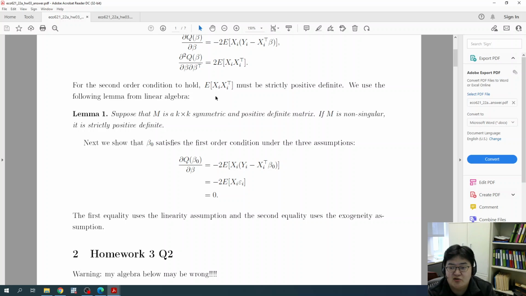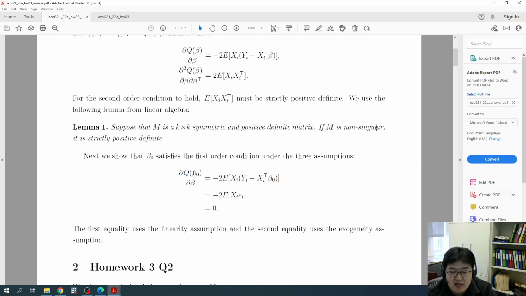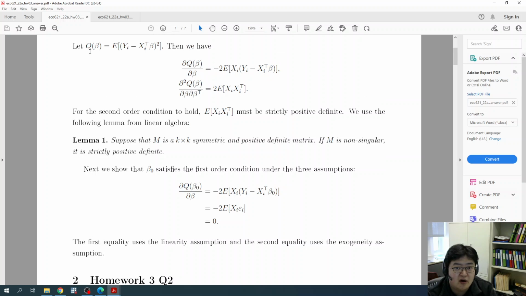So the second order condition is simple, and the first order condition can be written in this way. I'd like to show that the first order condition is satisfied at beta 0. The derivative is another function, whose argument is beta. This is a generic beta, but here it is beta 0.